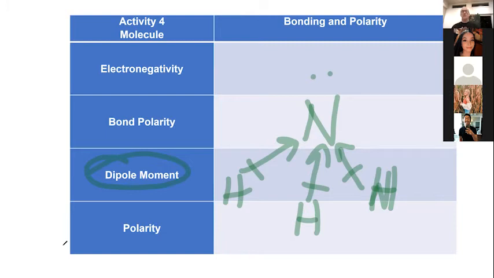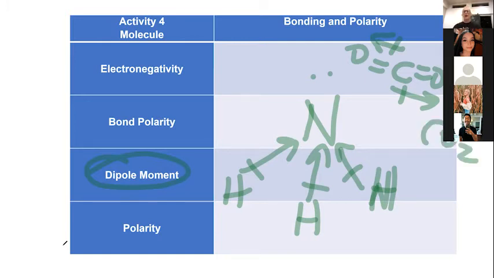So each of those bonds is polar, but that does not necessarily mean that the molecule is polar. For instance, carbon dioxide, there's a dipole pointing in this direction because oxygen is more electronegative than carbon. And there's a dipole pointing in this direction because this oxygen is also more electronegative than carbon. But is CO2 a polar molecule or not?